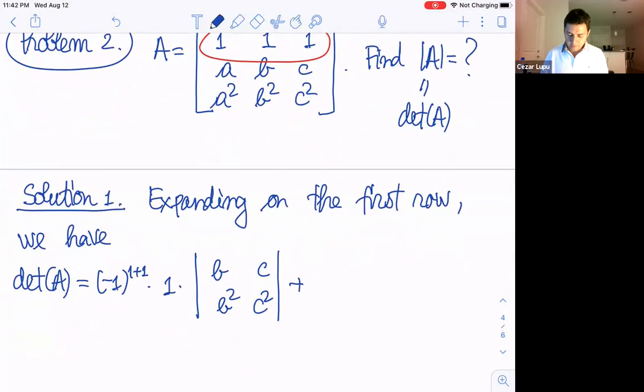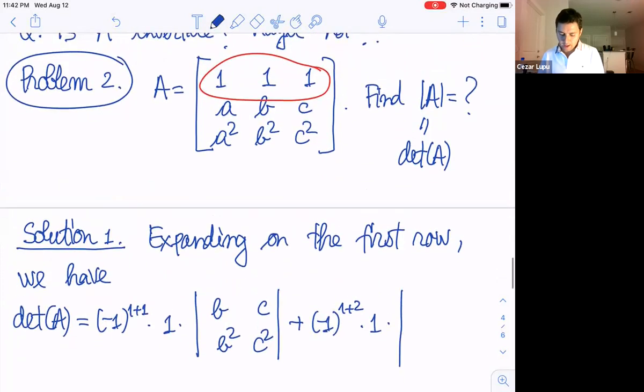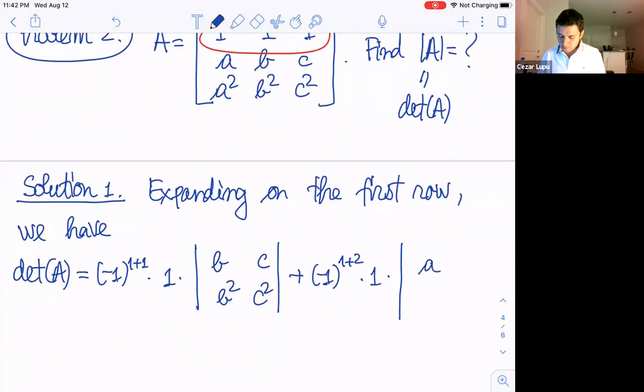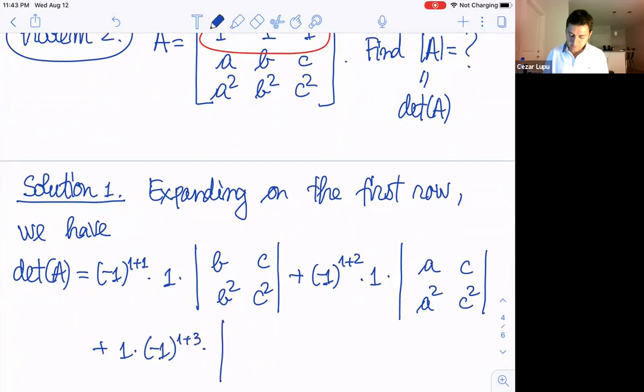plus negative 1 to the power 1 plus 2 times 1 again. And again, we'll have the minor, so it will be the determinant of a c, a squared c squared, plus the last one will be 1 times negative 1 to the power 1 plus 3 times the determinant of a b, a squared b squared.